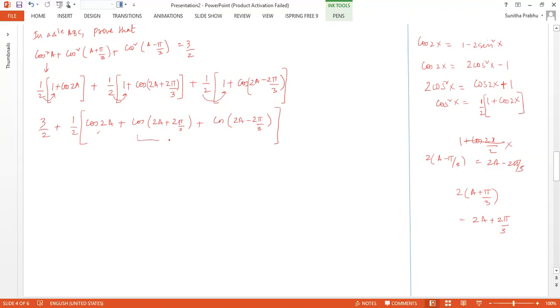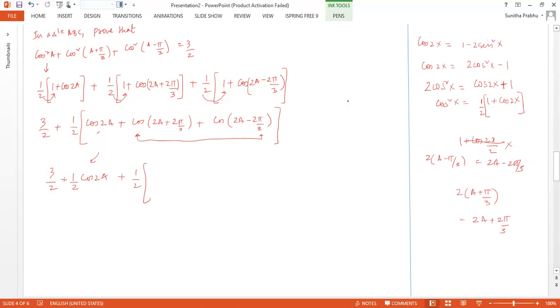We will club these two together. Do you agree with me? Okay. So I take this one out, because I want to work only with these. That will become 3 by 2 plus half cos 2a, plus half of, I'm separating it out from this bunch.